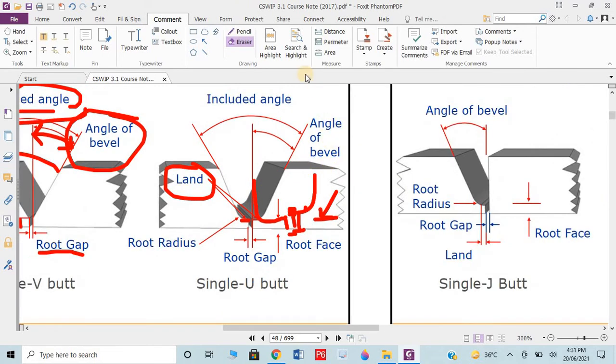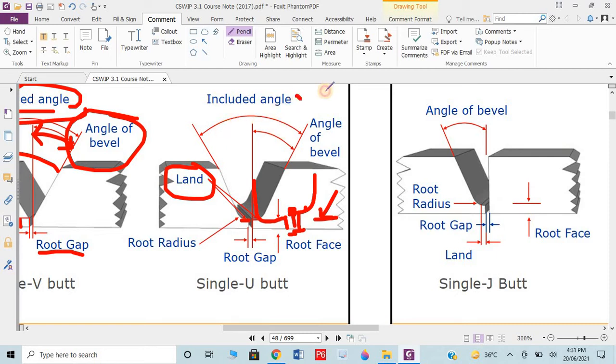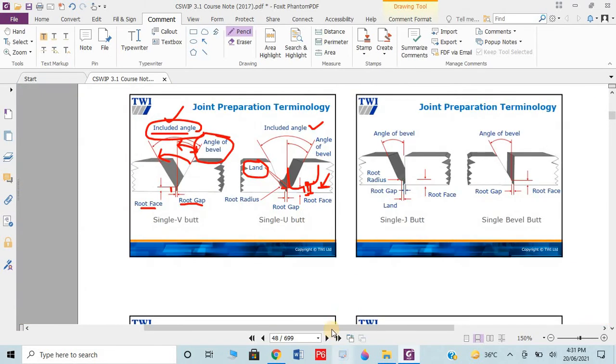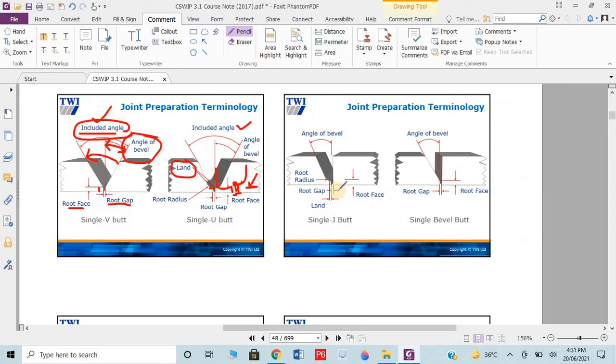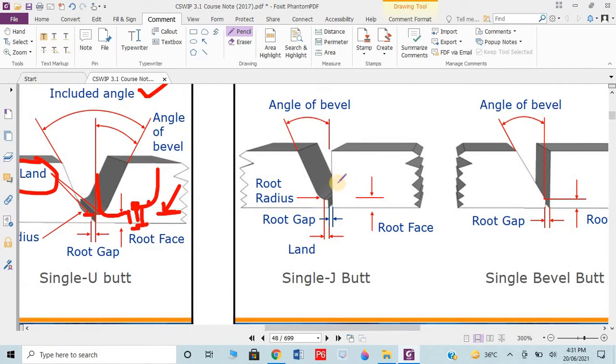Then again we have the angle of bevel, this one half portion. If we consider the entire portion, it is known as the included angle. Then let's come to the single J: same central portion, half portion is the angle of bevel. Then we have the root radius.